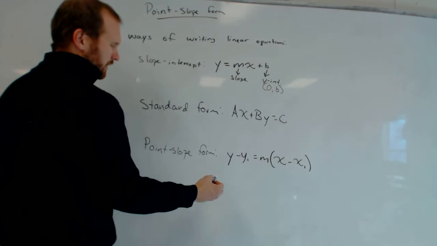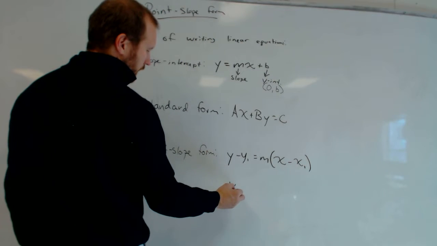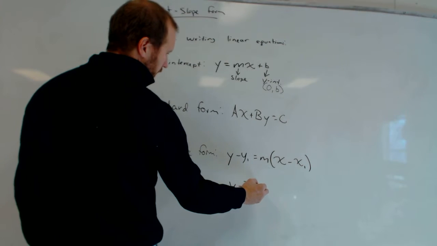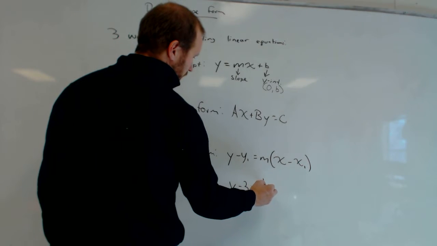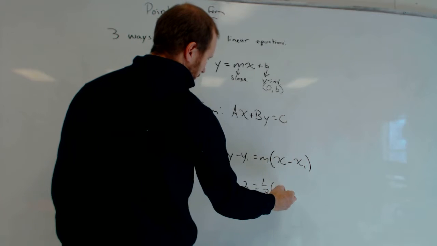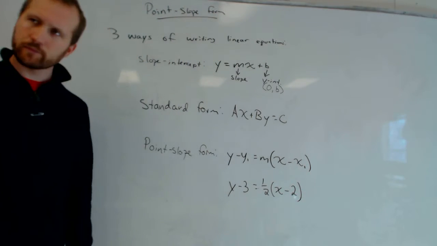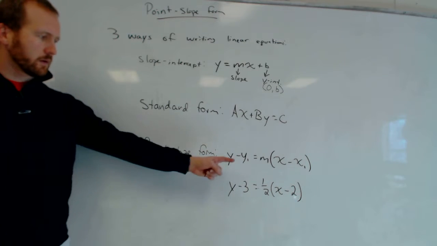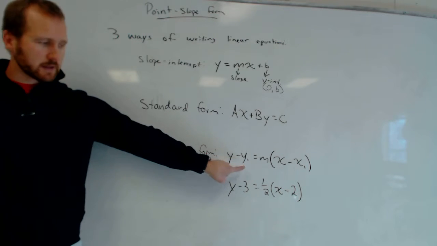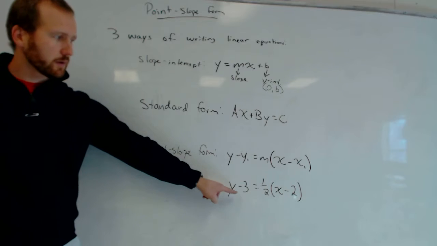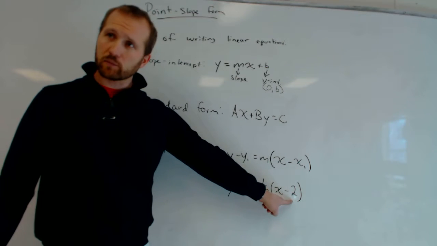Let me give you an example of an equation in this form. Y minus 3 equals 1/2 (x minus 2). So y1 is actually a number, and x1 is actually a number.